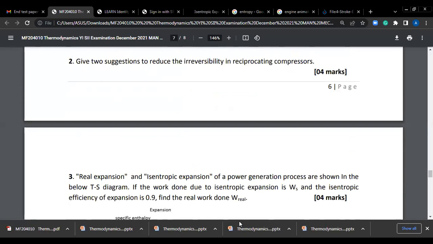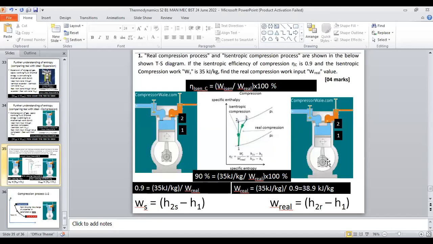This is what we call understanding technology. Reciprocating compressors, you know about this in general: the compressors with the moving pistons. So you can give two suggestions on how to have less heat transfer, less friction and so on. It's based on your thinking approach.